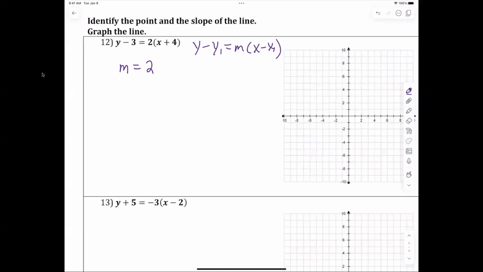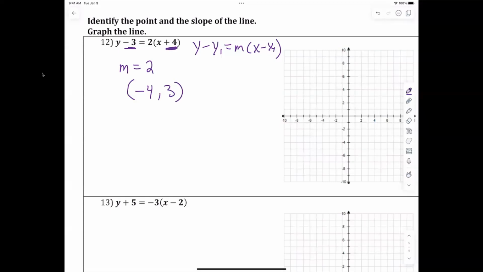So now you have to remember when you pull the numbers out, the point is going to be the opposite. So what's next to the x? 4. So what x value is it? -4. Perfect. What's next to the y? -3. So it comes out as +3.